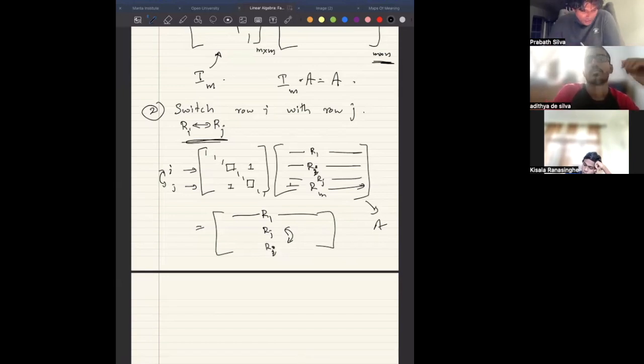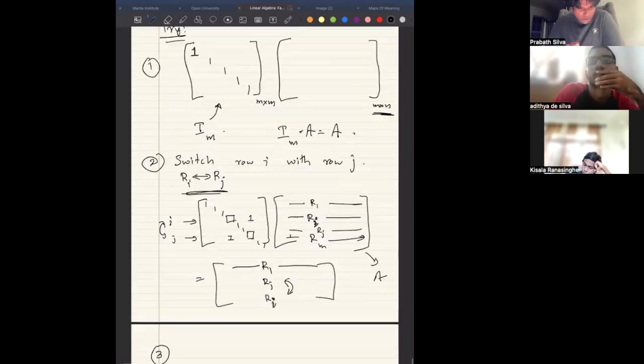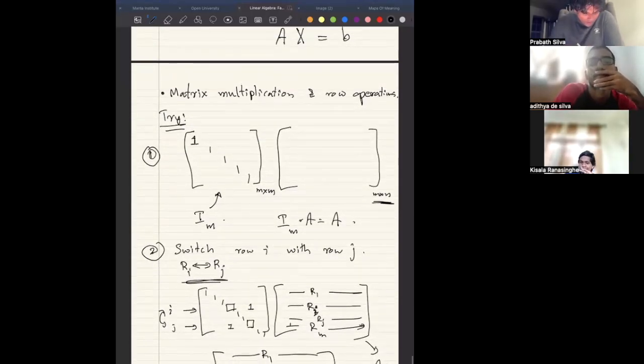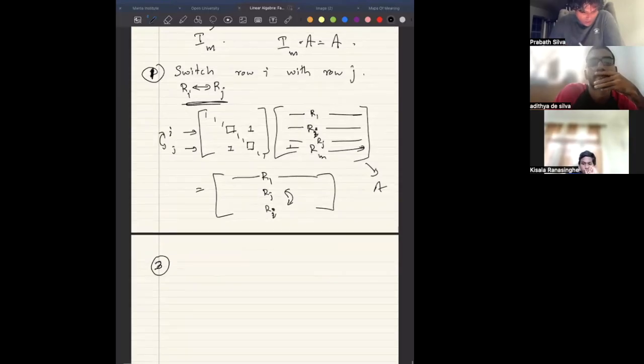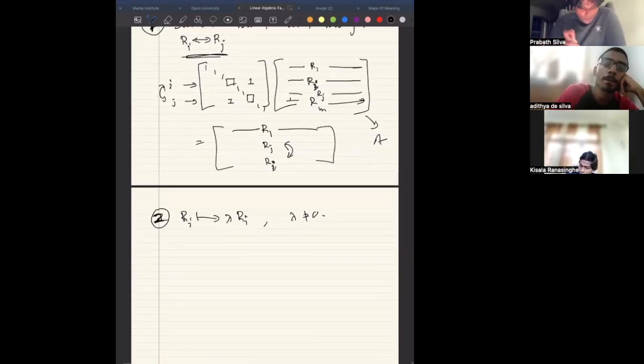The second one is you take the ith row and replace it by lambda times the ith row, lambda not equal to 0. That was like multiplying by a scalar. We typically want to get rid of a coefficient and get 1. This can be done by multiplying by a matrix.